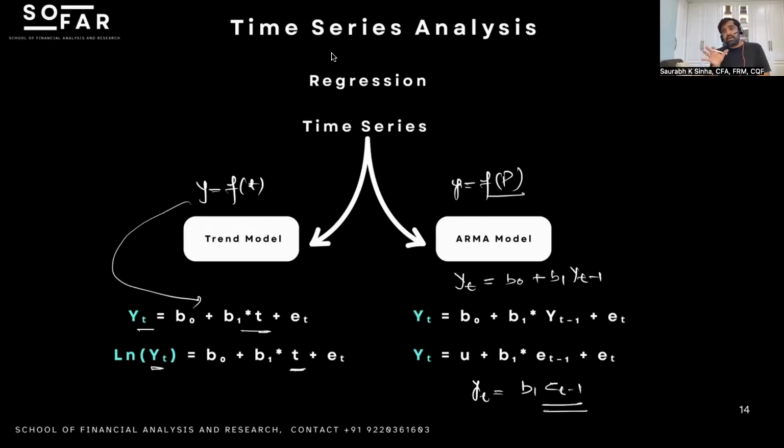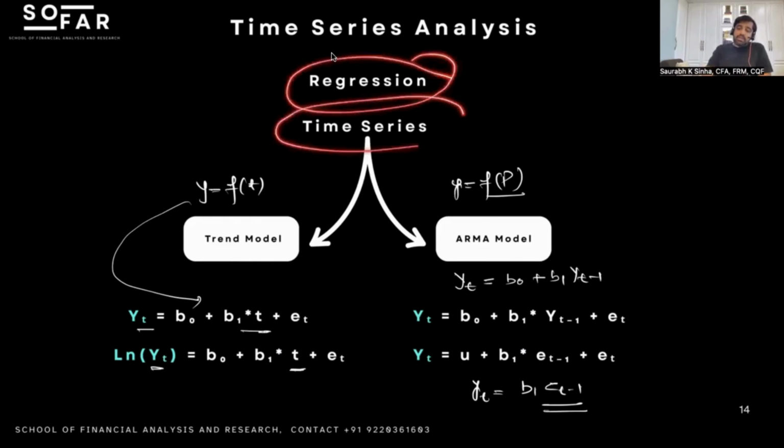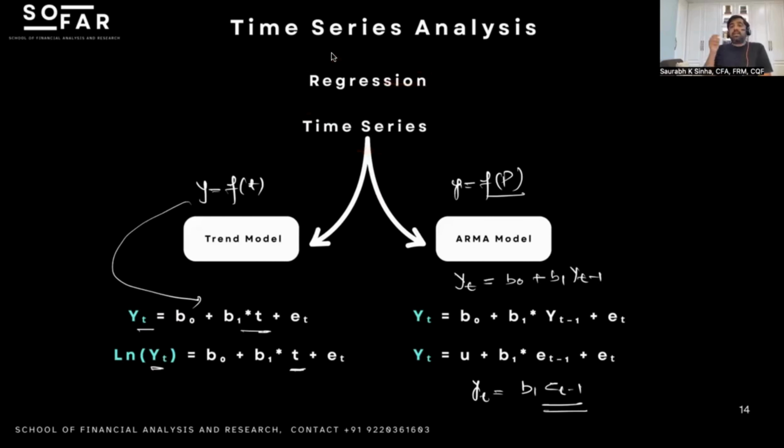So still it is dependent upon time, but indirectly, and that is the ARMA model. ARMA is about the past; the trend model is about y directly dependent upon time, where time comes as an independent factor. That is the difference between regression and time series analysis. So I can say that time series analysis is a subset of regression.